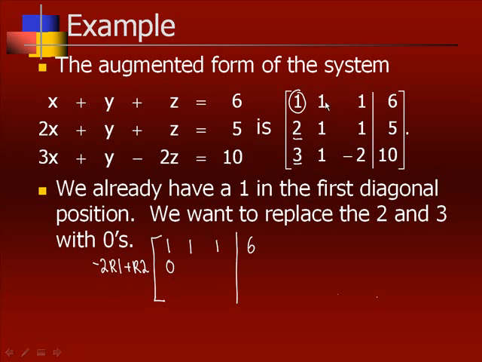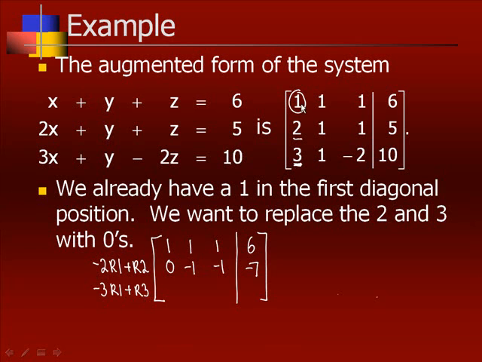-2 times 1 is -2. -2 plus 1 is -1. -2 times 1 is -2, plus 1, that would also be -1. -2 times 6 is -12, plus 5 would give us -7. That's what we wanted, that first 0. Now we're going to work on this 0. We're going to use this 1 to do negative 3 times row 1 plus row 3, and that will give us the new row 3.